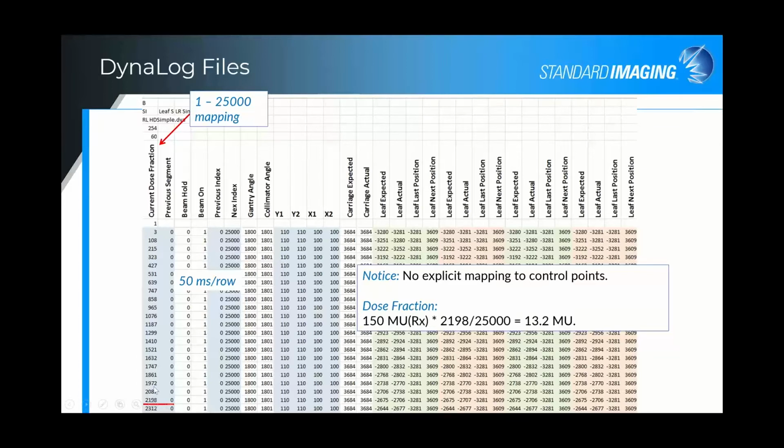For example, looking at this particular row, the dose fraction is 2198. If we scroll to the bottom, it goes to 25,000. So just taking the fraction there and multiplying by the MUs, you come up with 13.2 MUs, so that you could do the mapping.